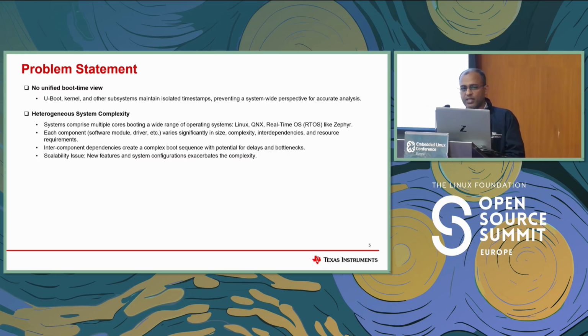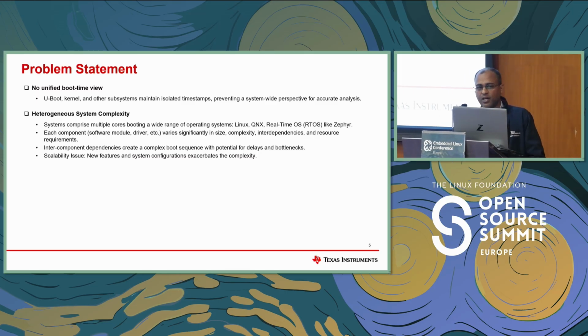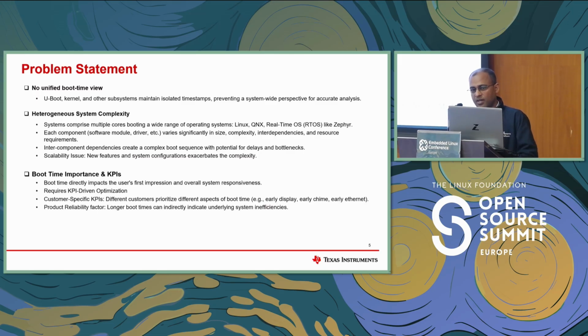The inter-component dependencies create a complex boot structure with potential delays and bottlenecks. When you're trying to optimize boot time, it's very hard to get the complete picture and debug because of these dependencies. There are also scalability issues: when you add a new feature or system configuration, it increases the complexity.